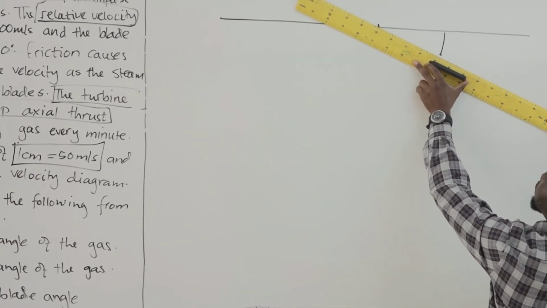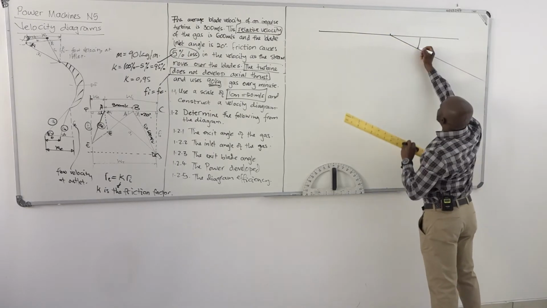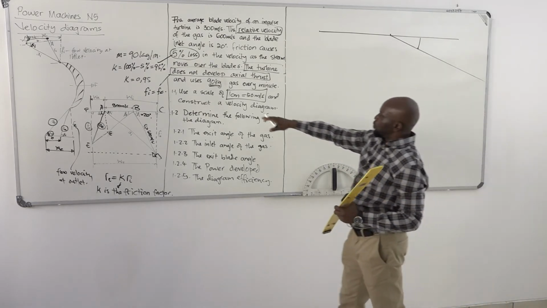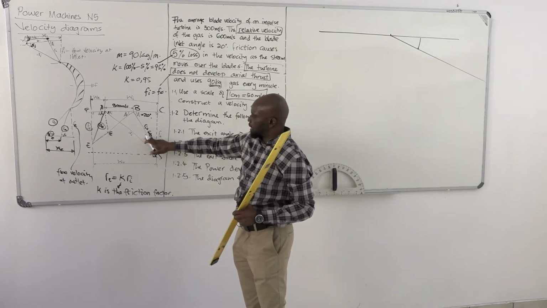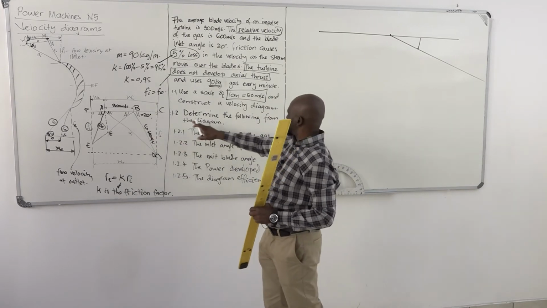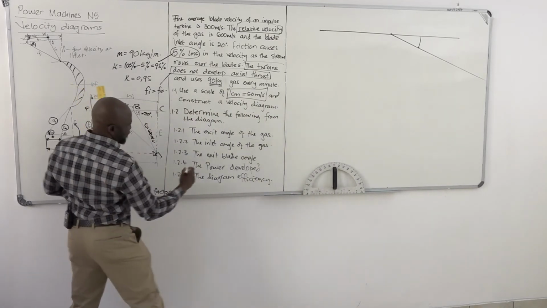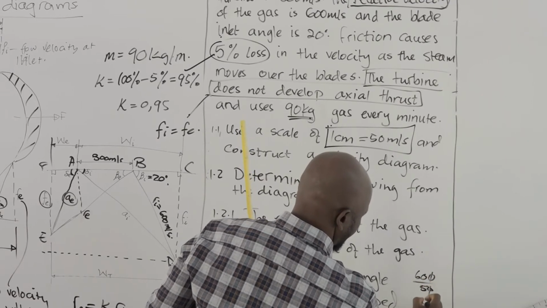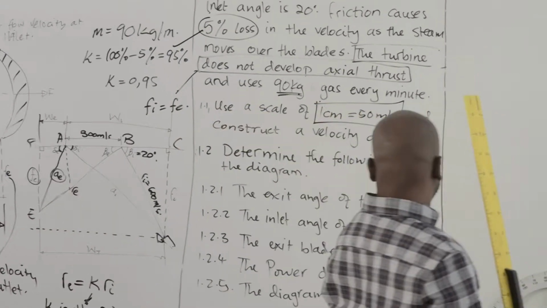Then the scale is saying 1 centimeter equal to 50 meters per second, so we divide this 600 meters per second by 50, which gives us 12 centimeters.